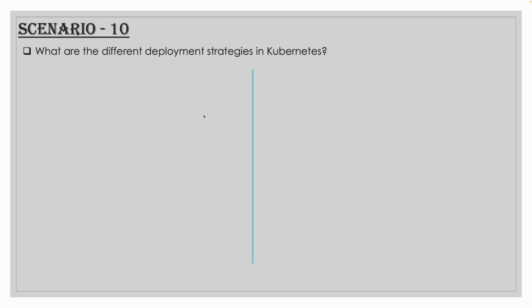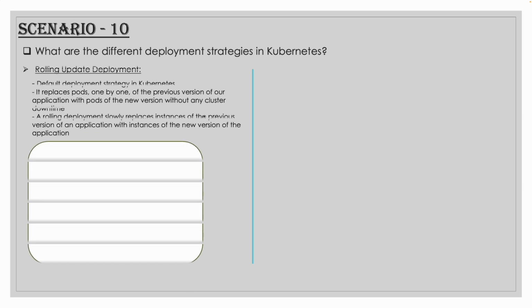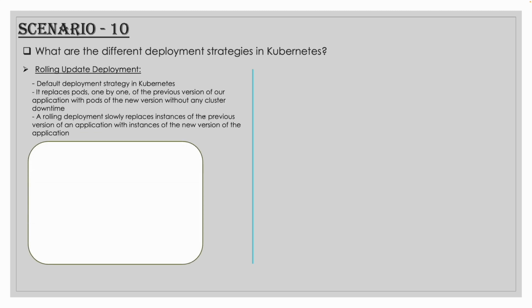So in Kubernetes, out of the box, there are two different deployment strategies which you will come across. One of the deployment strategies is a rolling update deployment. Rolling update deployment is the default deployment strategy in Kubernetes.